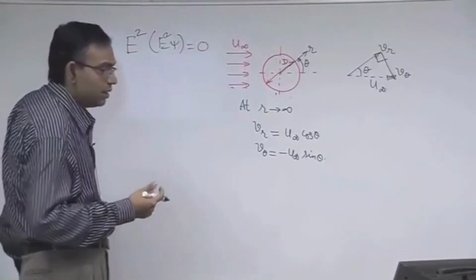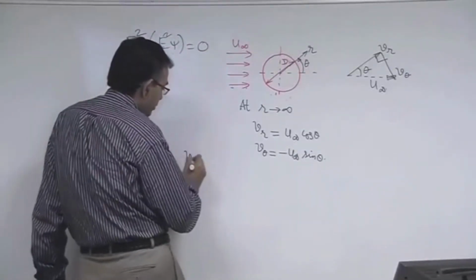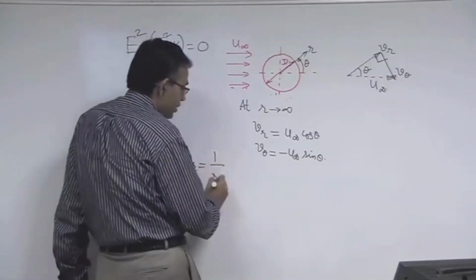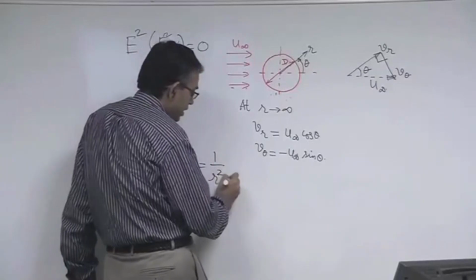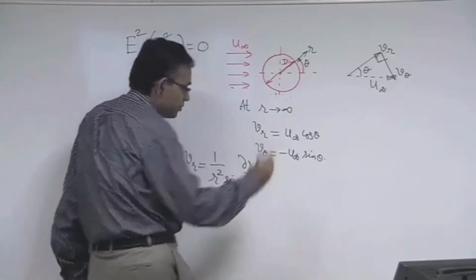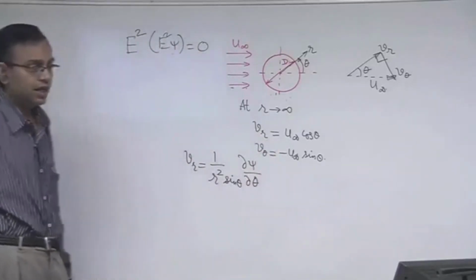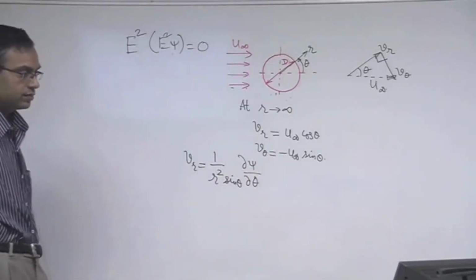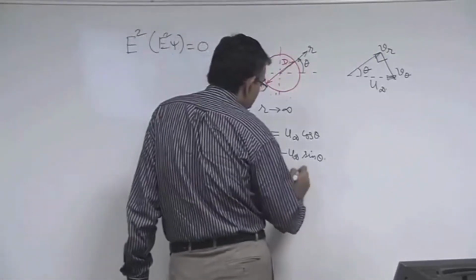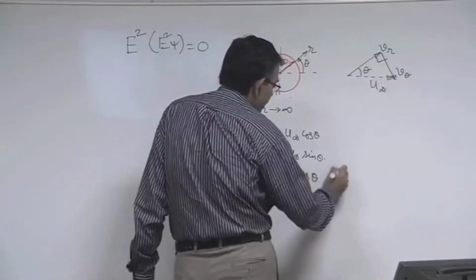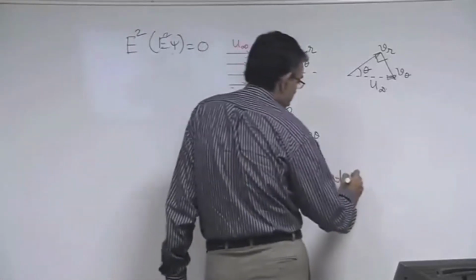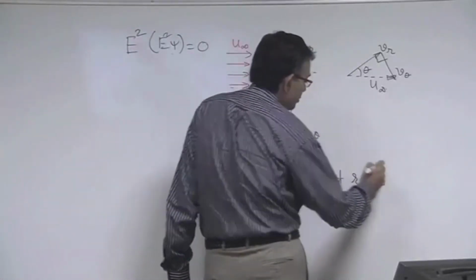So, now Vr is equal to 1 by r square sin theta del psi del theta, which is equal to u infinity cos theta at r tends to infinity.